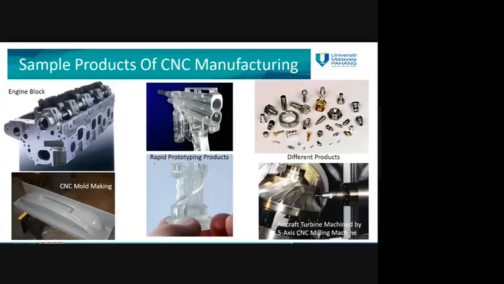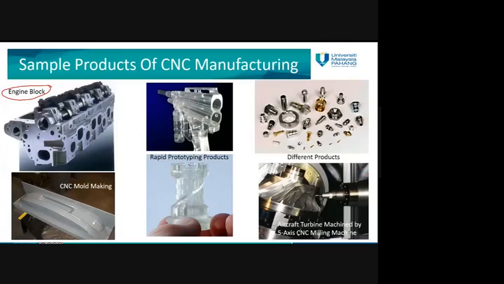Here is a sample of products that can be produced by using CNC machines, starting from the engine block, either for engines, for automobiles, or for aerospace, and so on. It's just an engine block for any type of application. CNC model making here to make a model.